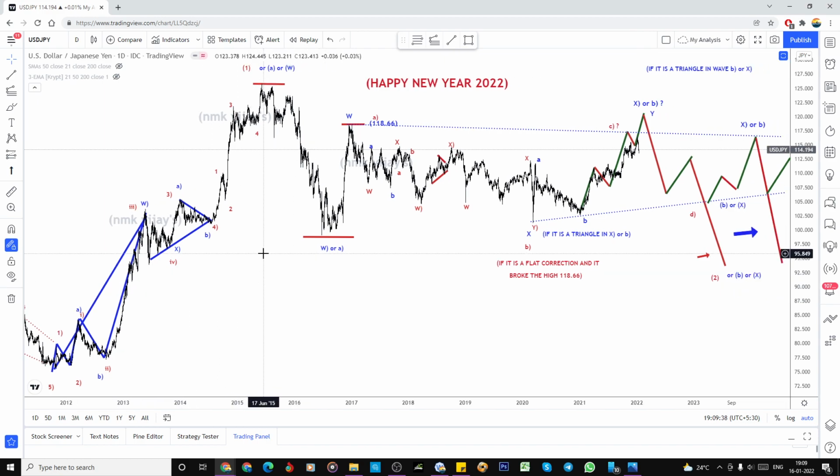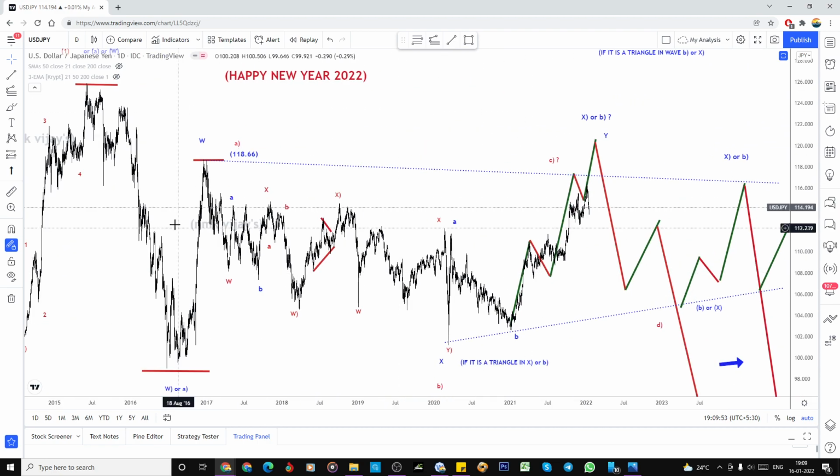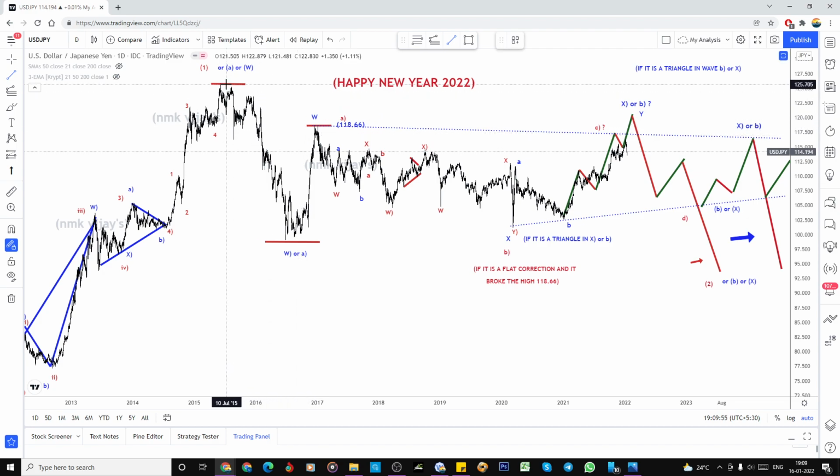So now we come to the conclusion: one impulsive wave has been completed, whatever it is, it's A or W. What we have to think is that for this impulsive wave to the upper side, we need a correction. That is what it is doing right now. This is the impulsive wave, and we are in the correction for this impulsive wave.